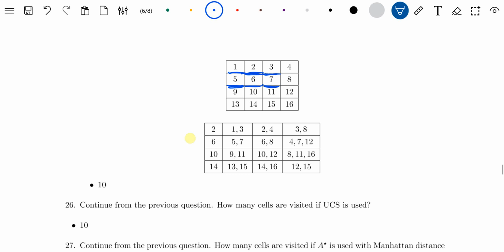There's no this. 8 can go to 4, 7, and 12, so there's no wall here. And this, and this. So the maze is basically the outer boundary, obviously, and you are entering here, you are exiting here. That's what it looks like.